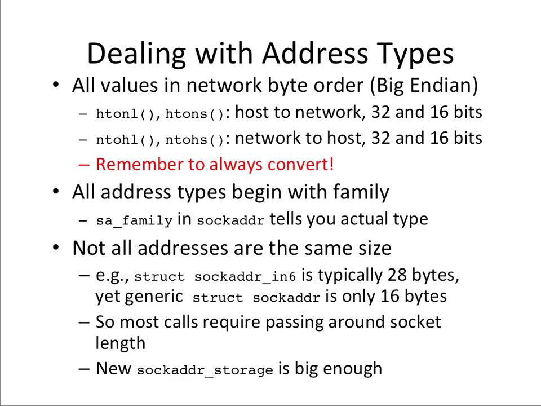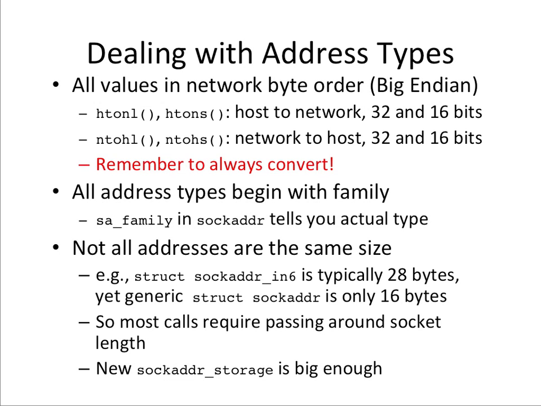And there are these functions that allow you to convert local representation into the standard network representation. For example, H stands for host, N stands for network. So basically this function will convert whatever you pass as an argument from the host order to the network order. Does that make sense?